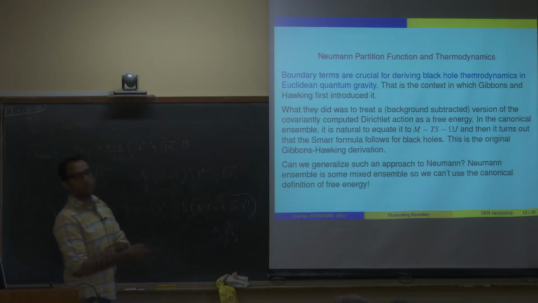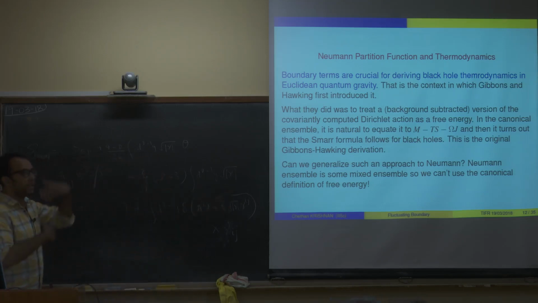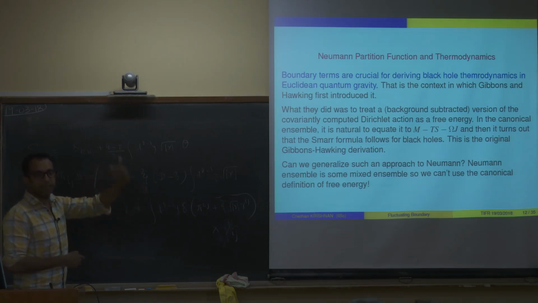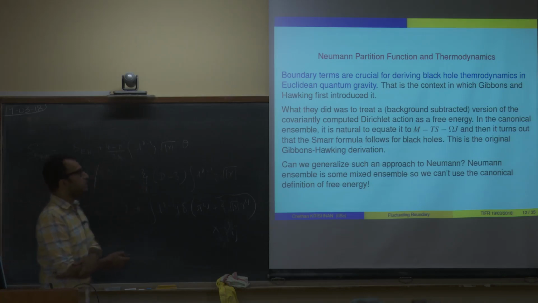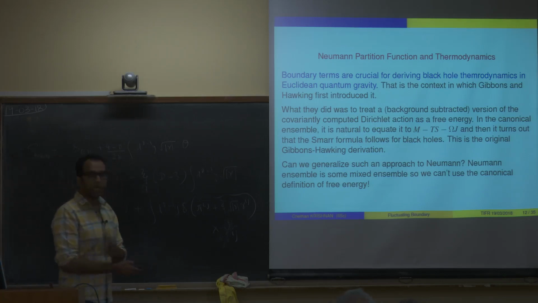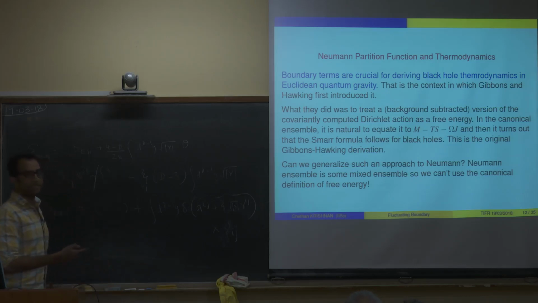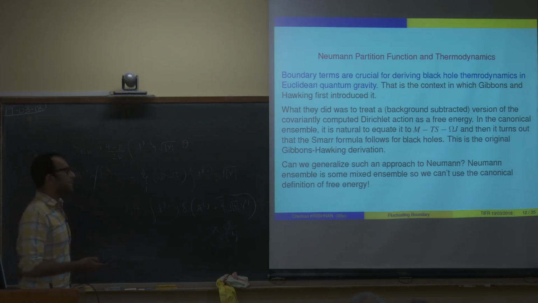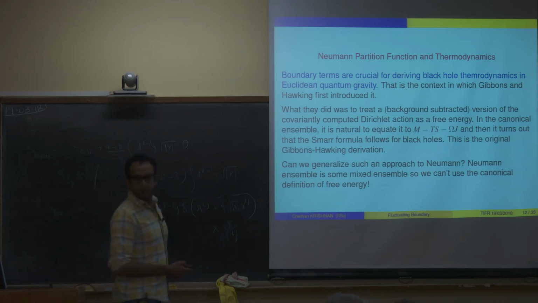If you find a regular saddle, that would probably put some constraints on the parameters of the metric. And when we do that, are we able to reproduce these two, the Smarr formula and the first law? The answer is yes. I think it is in some sense trivial, but at the same time, it is a good check of various things that we do. So just one thing, yeah.